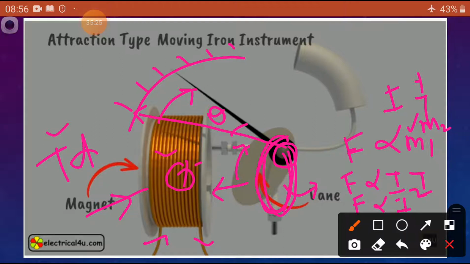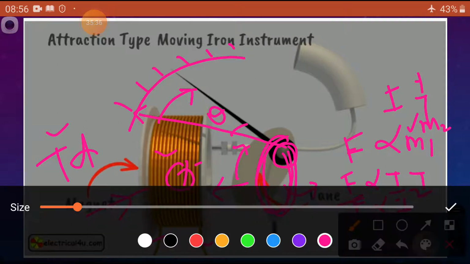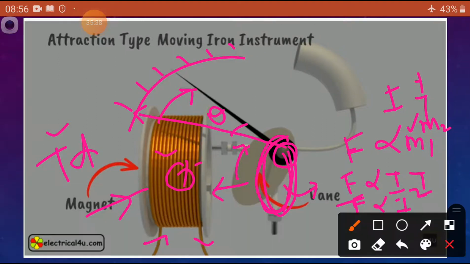Torque is force into displacement, so the torque developed is directly proportional to I squared. That means the deflecting torque is directly proportional to the square of the current.